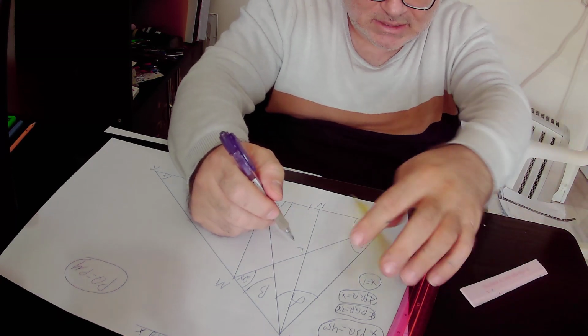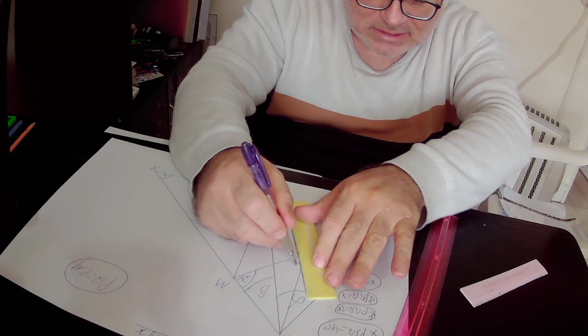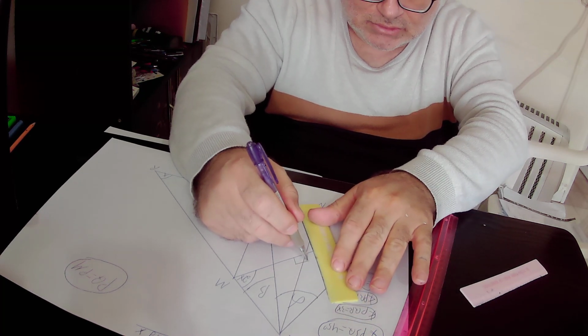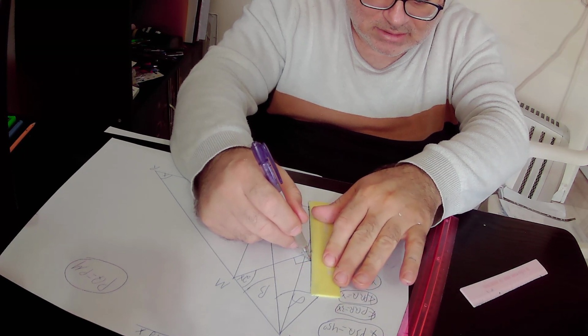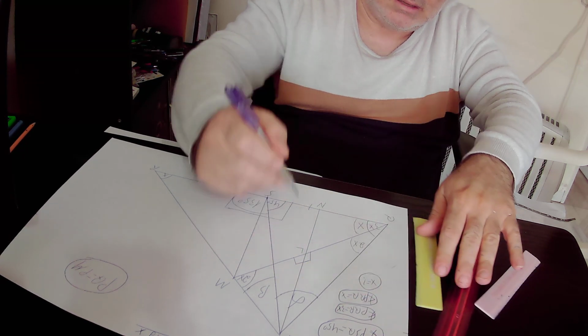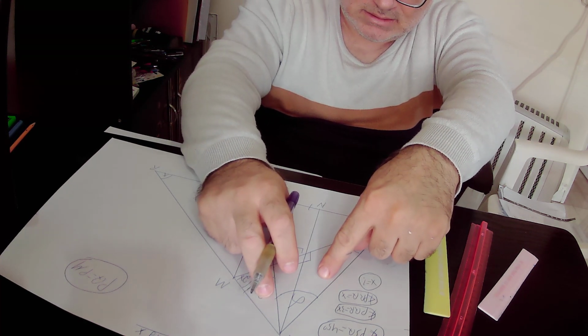So this is perpendicular, it means that this angle equals 90 degrees, and this angle also equals 90 degrees. Okay? So we will focus on those two triangles.